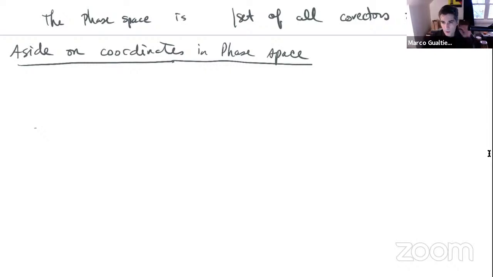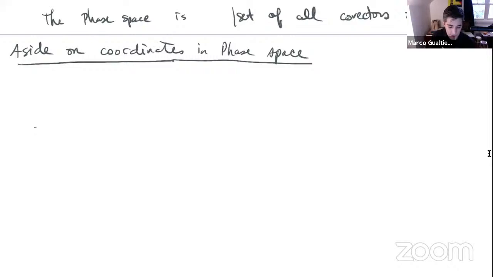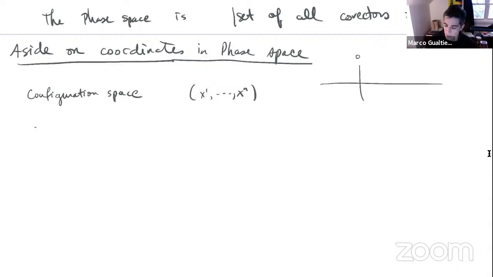All right. So the way you should think of coordinates is like this. We start off with a configuration space which has coordinates x1 up to xn. So this is like, for example, in the example that we did, the position of the mass, this coordinate was x.